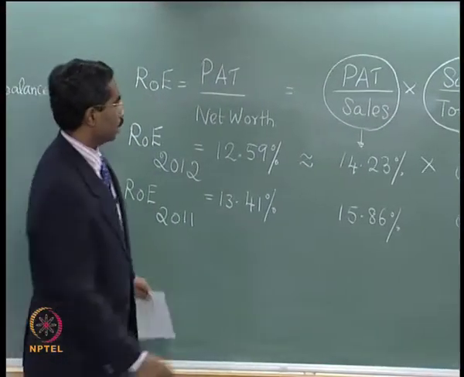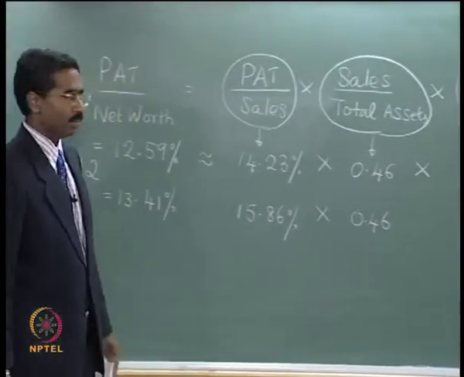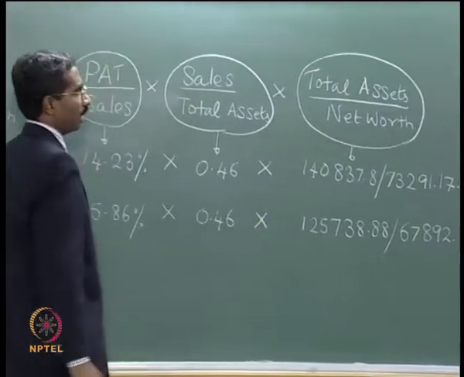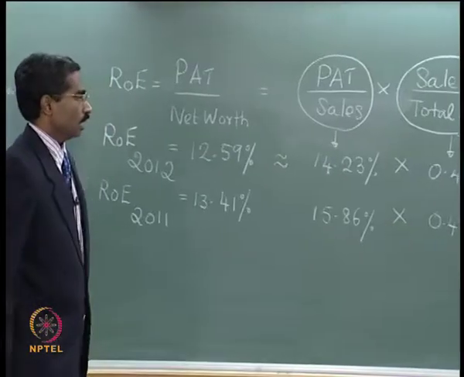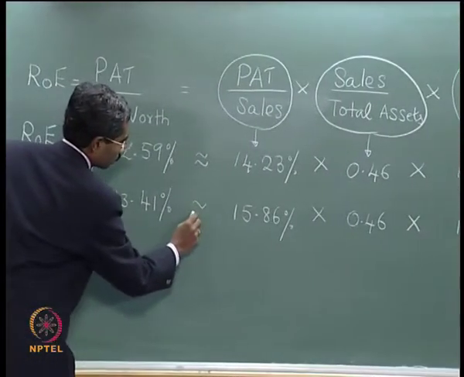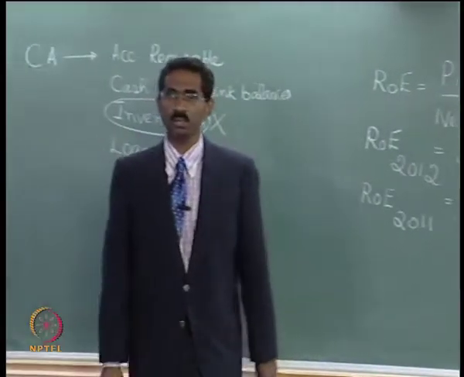So return on equity is nothing but net profit margin multiplied by your total assets turnover multiplied by your leverage multiplier. Because of some rounding errors, you will find that this is not exactly equal, but more or less equal to 13.41%.